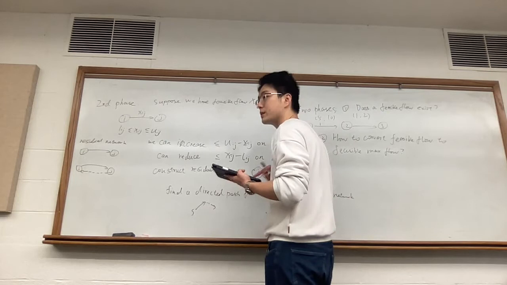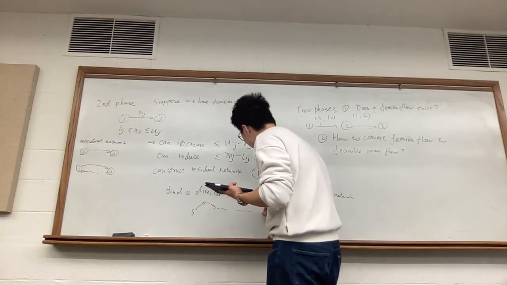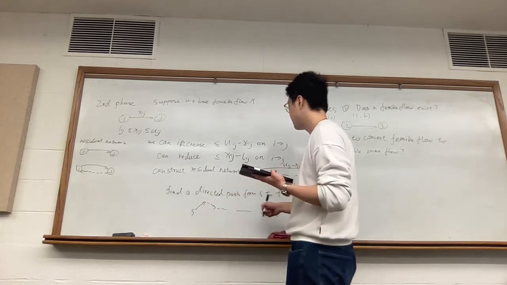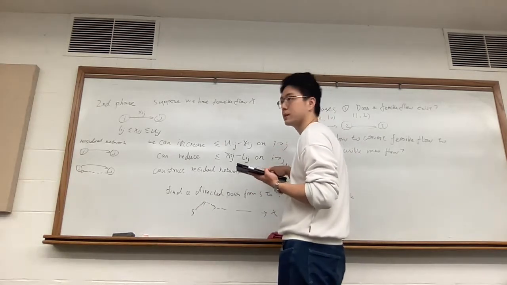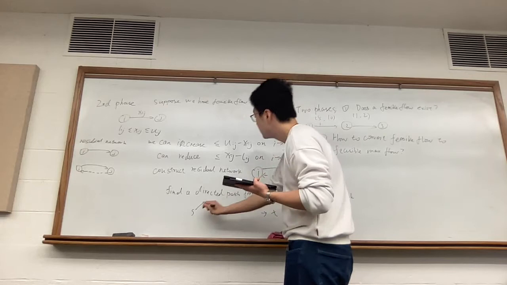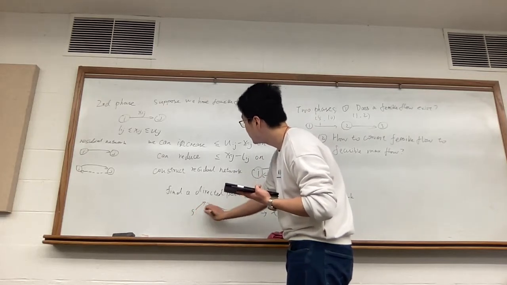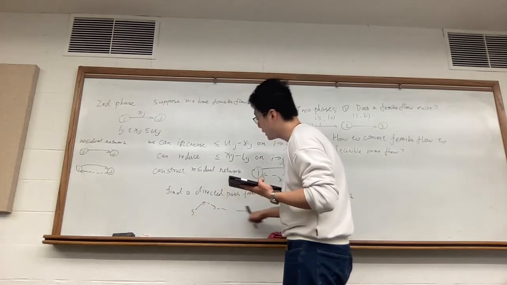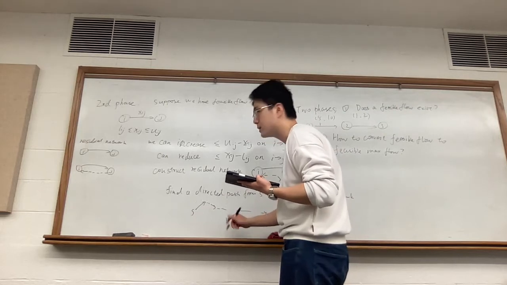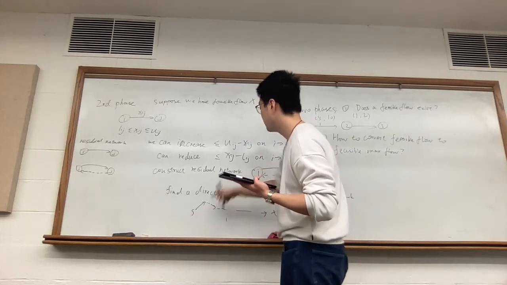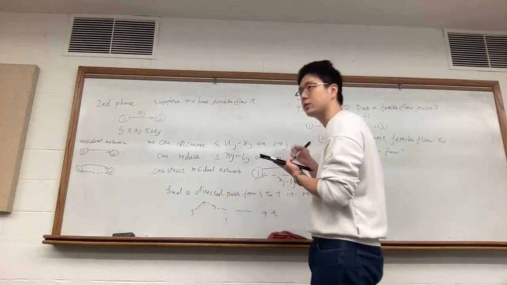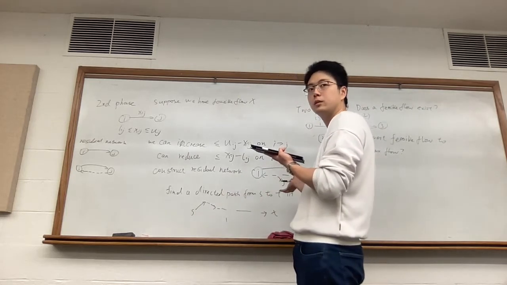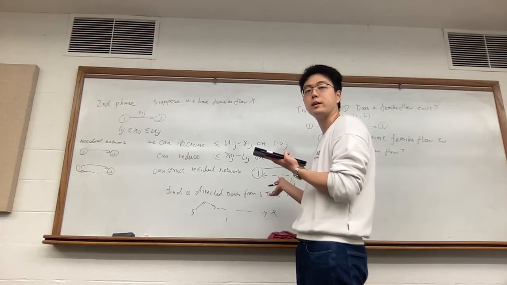That's the reversed arc, right? So suppose you have a path from S to T. Then how can you augment the flow on this path? Suppose the minimum value on this directed path is, say, 1. Then you increase 1 unit of flow through this path, and then you modify the residual network and continue. Right? This is the max flow algorithm that you have learned in class.